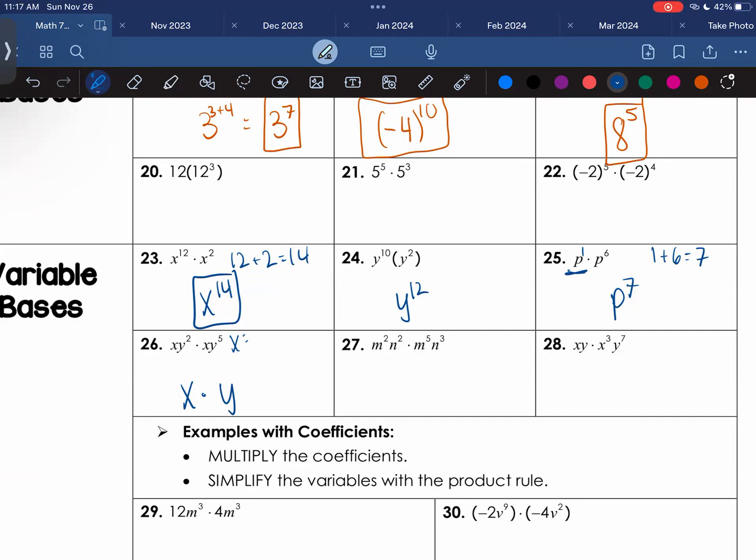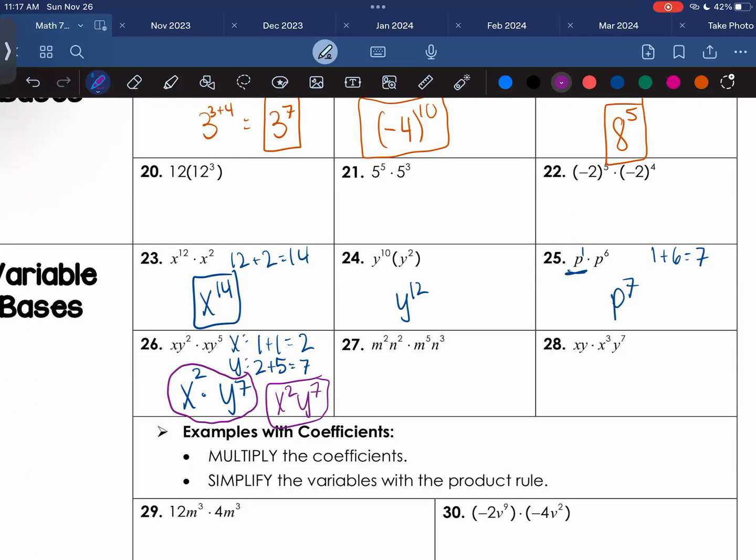It's just going to be 1. We can't see them, but it's 1. So we have 1 plus 1, which equals 2. So we have x squared. And then for y, this one's easy because we see the numbers. We have 2 plus 5, which equals 7. So our answer is x squared times y to the power of 7, or just x squared y to the 7th power.